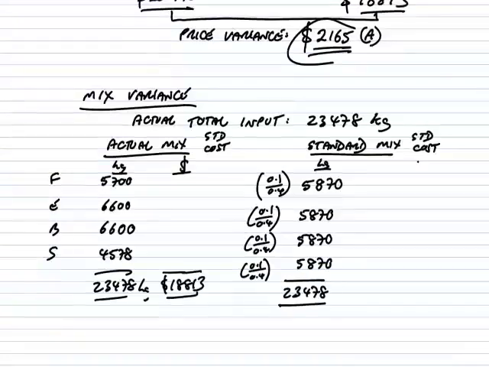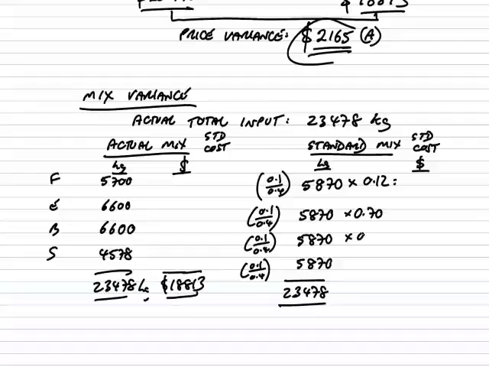How much would it have cost if we'd had the right mix? So the standard costs, 0.12, 0.7, 1.7, 0.5.